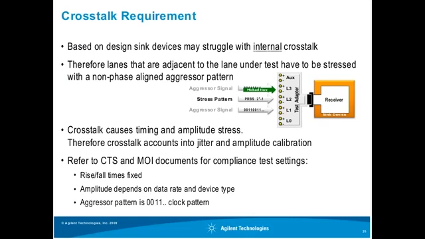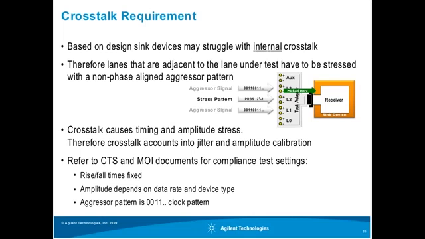And if there's some unfortunate PCB design or some unfortunate silicon design inside the receiver, you will see crosstalk effects stressing the receiver. So this is really a test which stresses the sink device as a whole. But it's added to the receiver test, and especially to the compliance test.